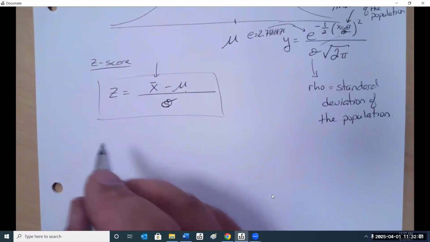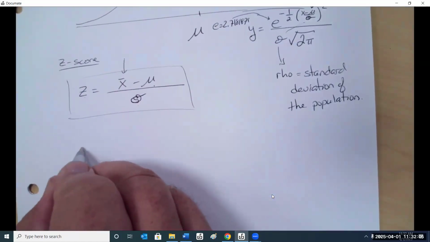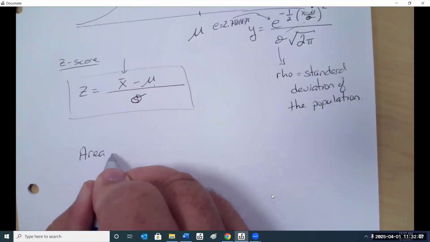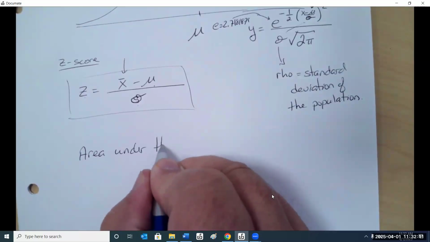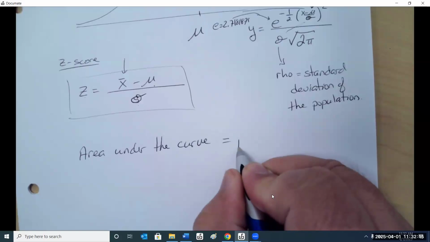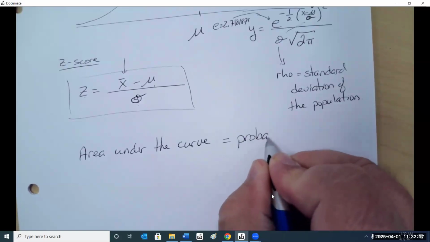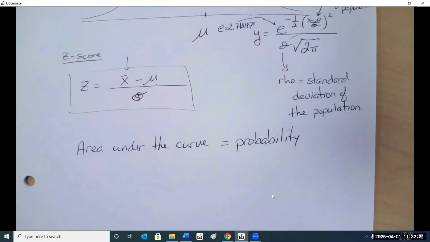So basically, since we're dealing with this formula here, the area under the curve is our probability.